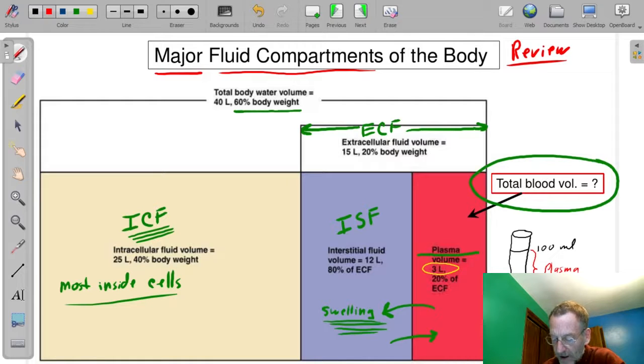If the hematocrit is 45% of the total volume, this would have to be about 55%, and that's what's shown in the figure. So, that's enough of that slide. Not a lot to fret over.